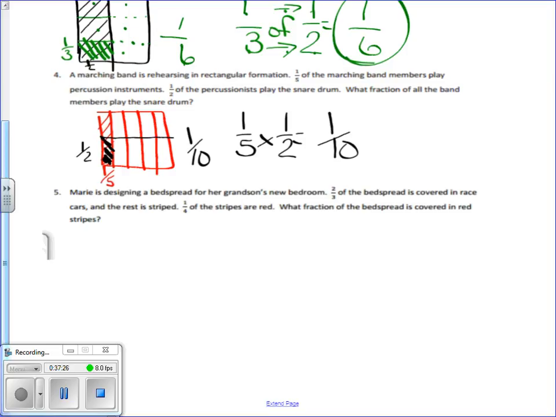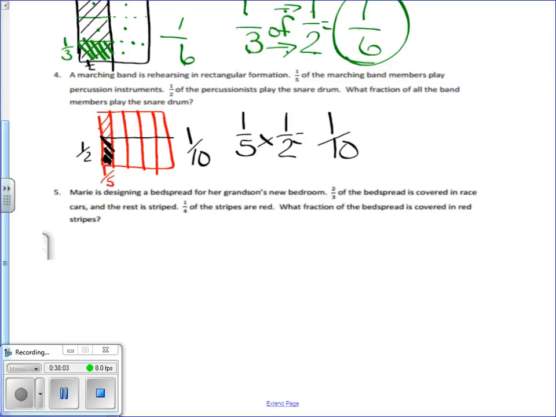However, I want you to pay close attention to what the problem says. This is when it is extremely important to not just pluck numbers out and go number, multiply. You have to be very careful and actually read the problem.